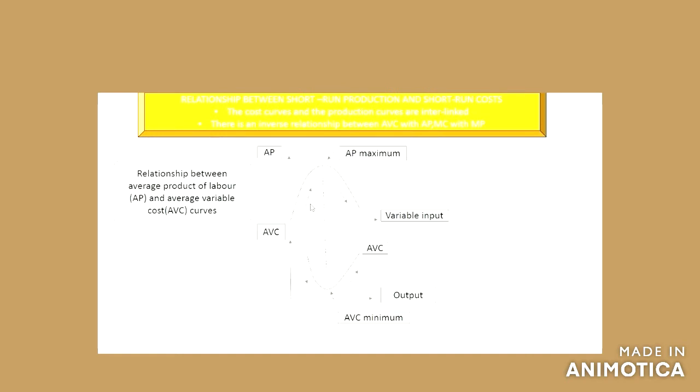As output rises, AP also rises and AVC will decrease because of spreading of fixed costs. So AP is at maximum here, and then there will be AVC minimum.